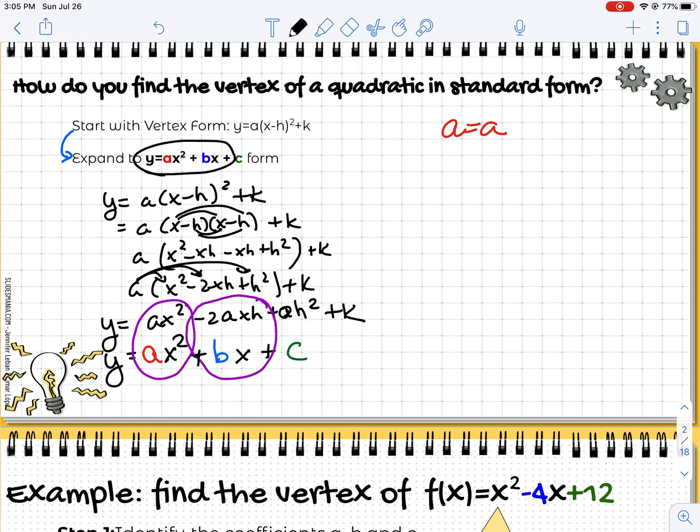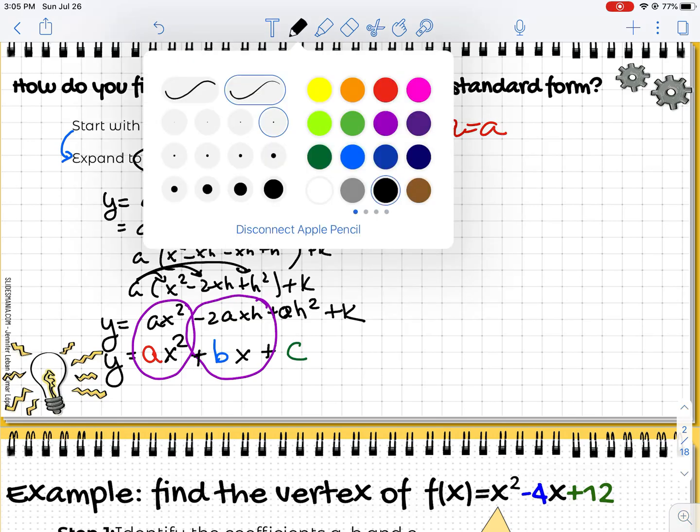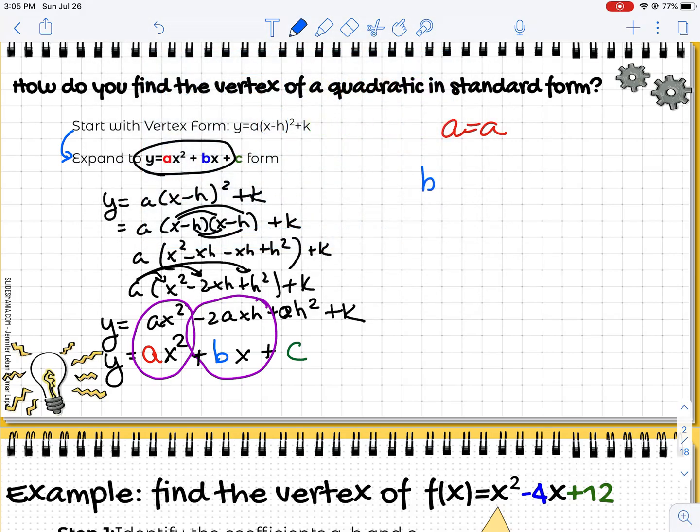The bx equals the negative 2axh. That's our linear term. Now if you notice, they both have the x's, so we can eliminate the x there. So that would make it negative 2ah.